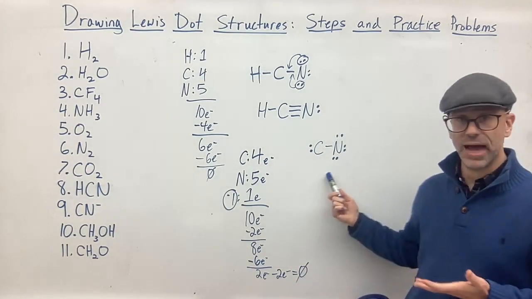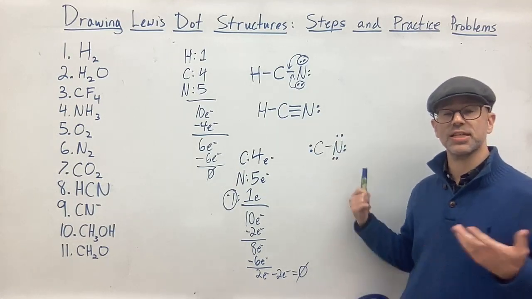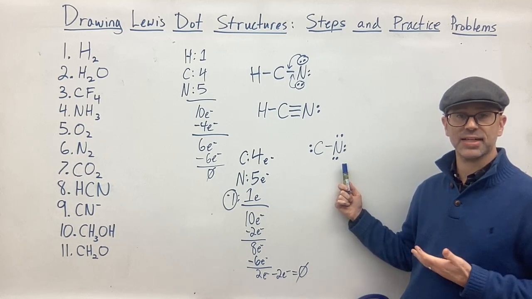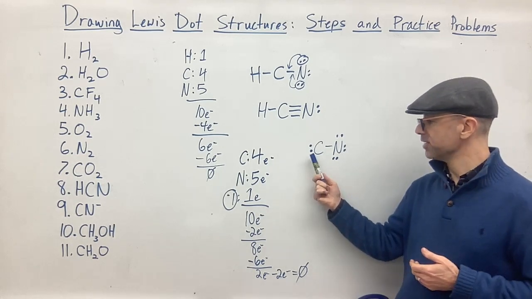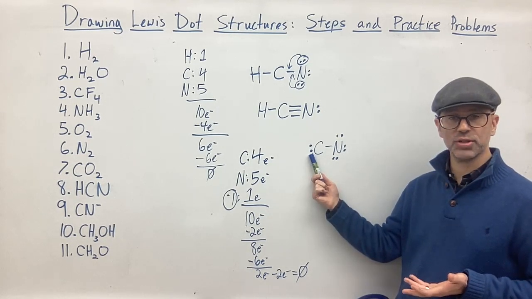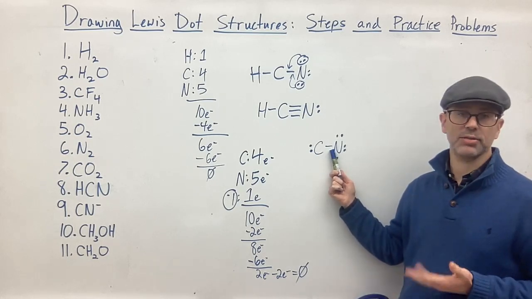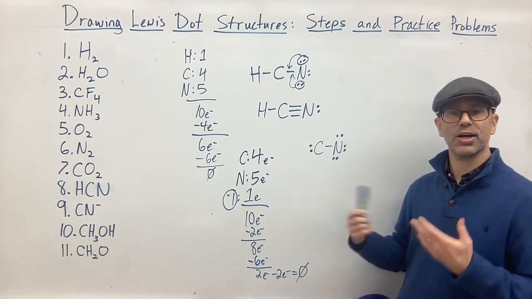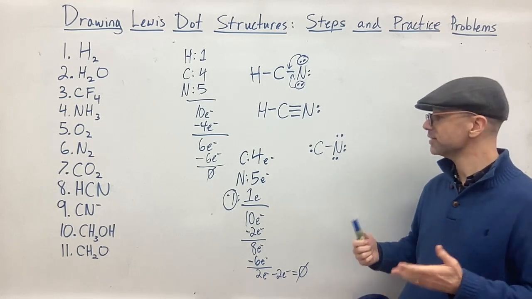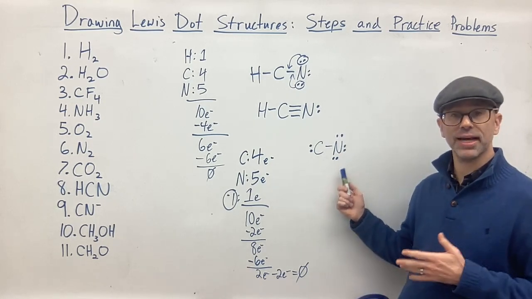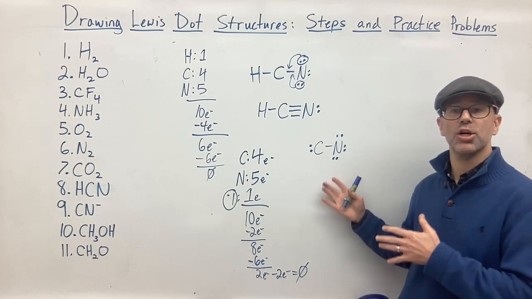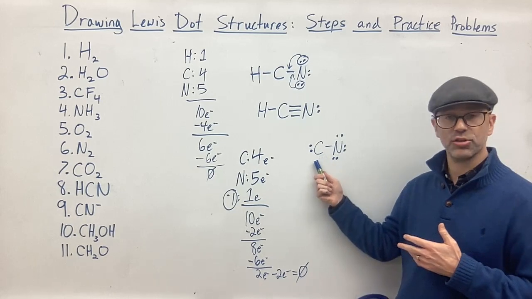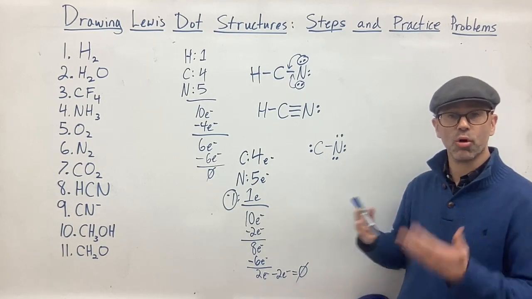So now we look at our Lewis structure to see if everything's okay. We see that nitrogen is fine. It has an octet. But carbon has a lone pair, which is 2 electrons, and it has a bond, which is 2 electrons. So it has 4 electrons. It needs 4 more. So we've got to go to step 6. Step 6 says we've got to move lone pairs to create bonds in order to give the central atom more electrons.